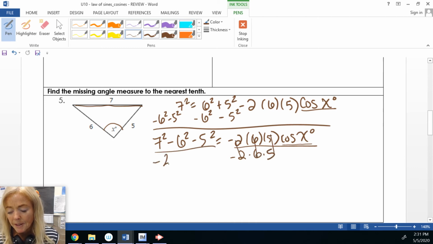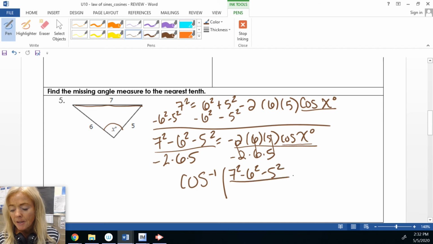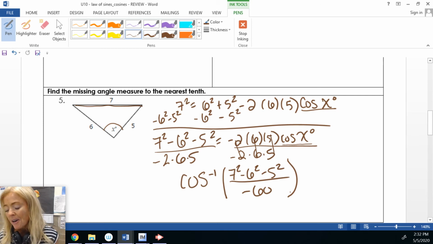We have to do both sides. Now we have cosine x equals that ratio. So we write cosine inverse of all of that, 7 squared minus 6 squared minus 5 squared over negative 60. I can multiply that in my head this time.